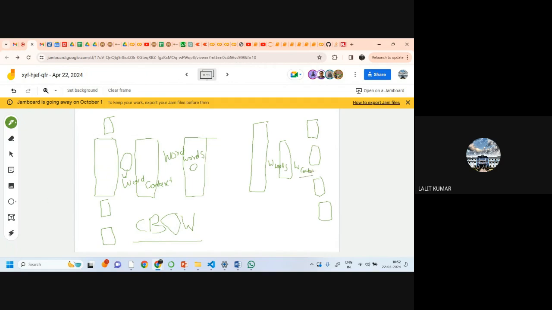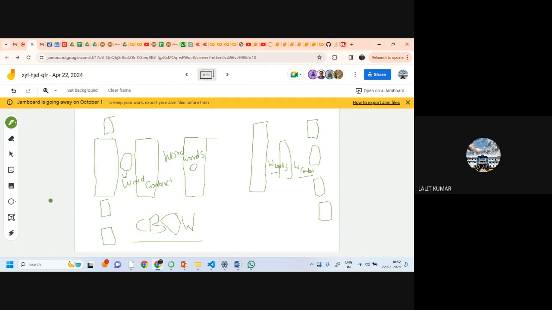And in both, where are we getting the word embeddings? If somebody can tell me? Finally, we are interested in finding the word embeddings. From the word2vec algo, is it?